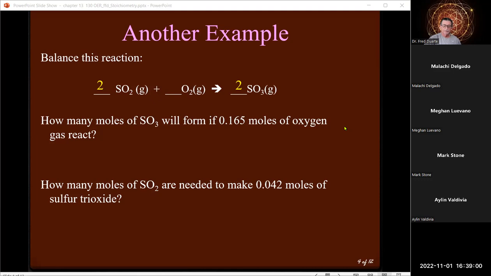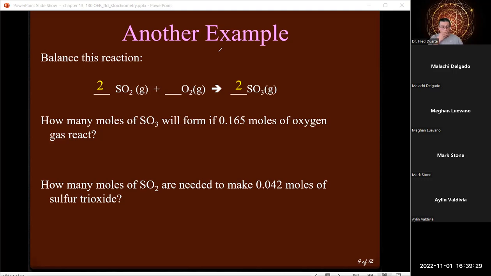Okay, we got a total of 2 sulfurs on both sides and a total of 6 oxygens on both sides. You might say, well, wait a minute, I only see 4. Okay, when I say 6 on both sides, that means take into account all the oxygens in different forms. We got 4 coming here and 2 coming here from oxygen. So that's a total of 6.